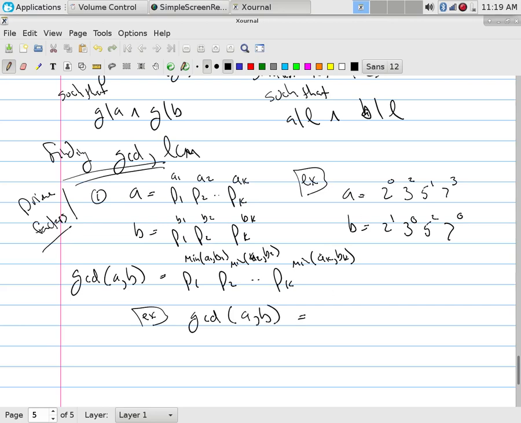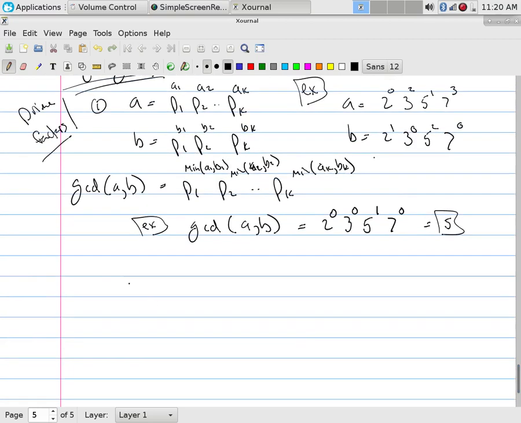For 2, how many 2's does A have? 0. How many 2's does B have? 1. So what's the minimal? What's the minimal number of 3's? The minimal number of 5's? And the minimal number of 7's? And so that's just going to be 5. That would be the GCD. 5 is the largest number that divides both of them.